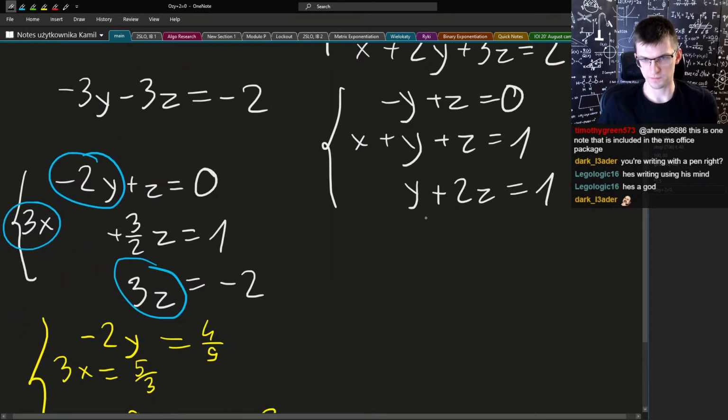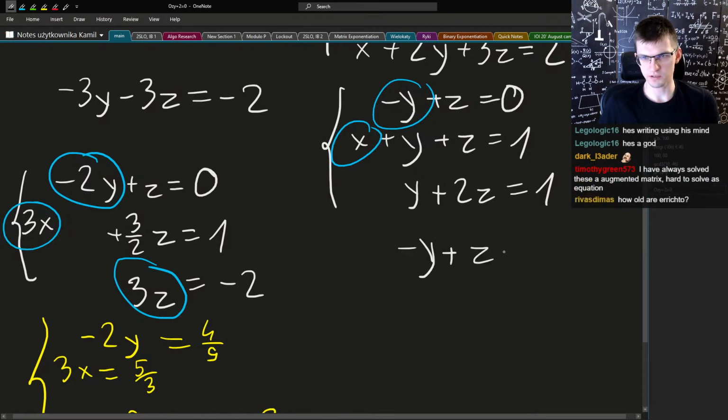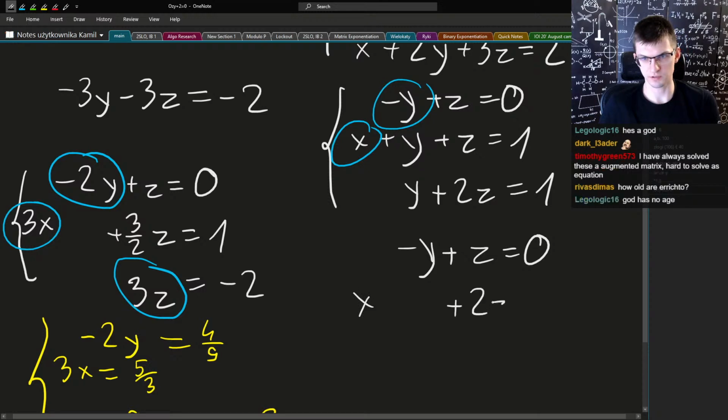Then, and let's say that this is still blue. I then choose that guy to get rid of everything else in this column. I rewrite the first equation, then second equation plus equal first, plus 0 plus 2z is 1, and same with third, plus equal first. So y plus 3z is 1.